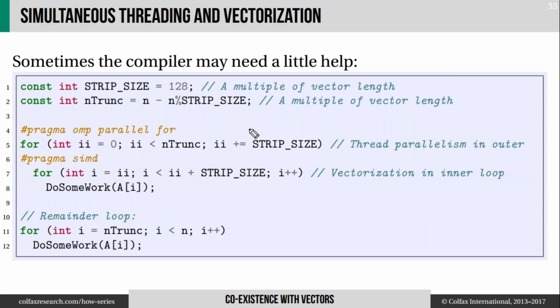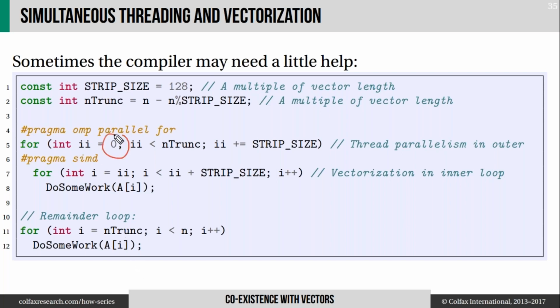Strip mining allows you to expose opportunities for vectorization and multithreading, because the hardware and the compilers try to look for these two layers of parallelism. This is an example of a strip-mined loop. There's a lot of code, but conceptually it's simple.